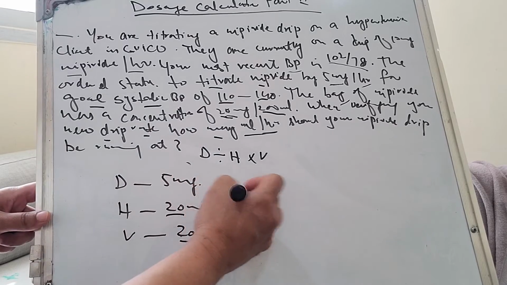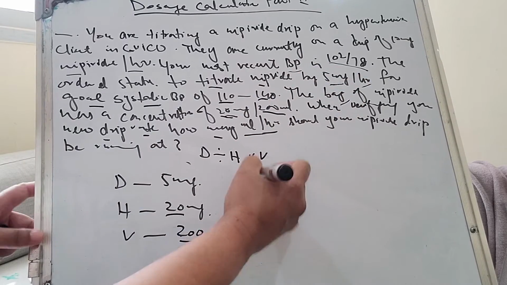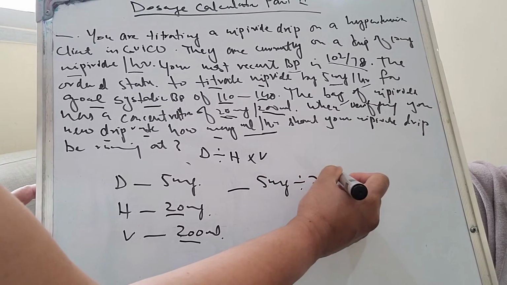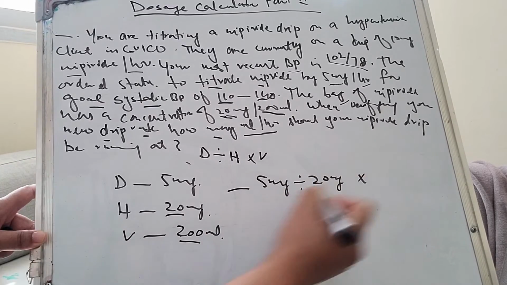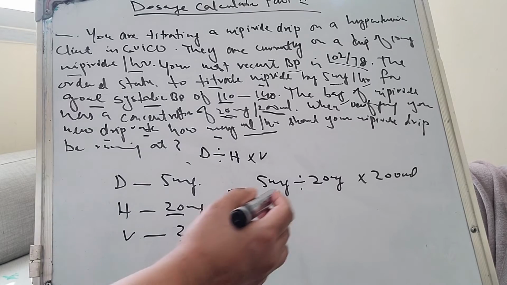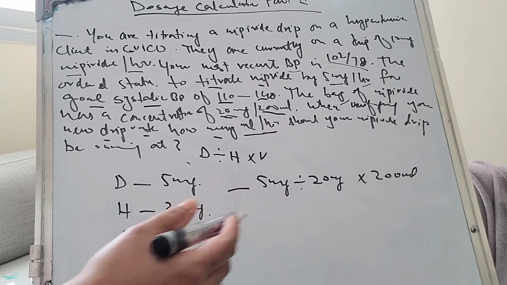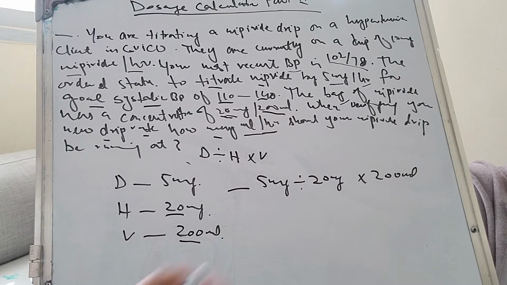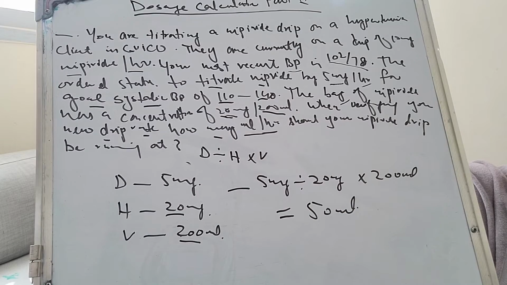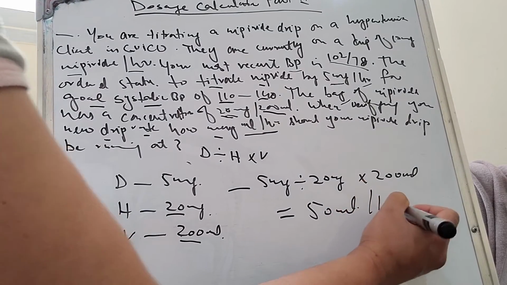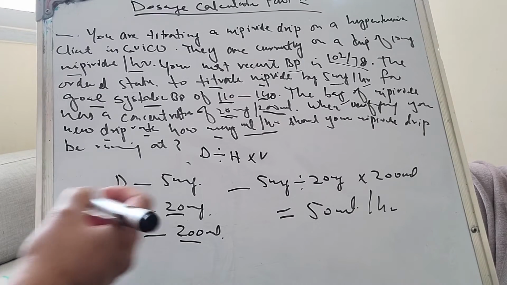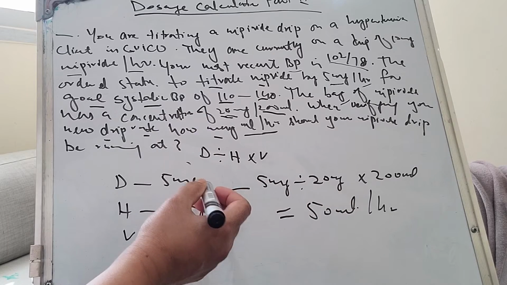Now what will we do? Here we will do 5 milligram divided by 20 milligram multiplied by 200 ml. Our answer will equal 50 ml per hour of nipiride that the nurse should titrate. You may wonder why I did not use 60.